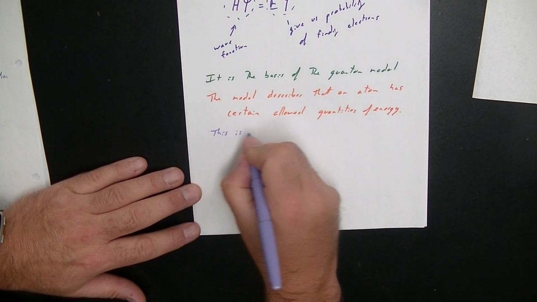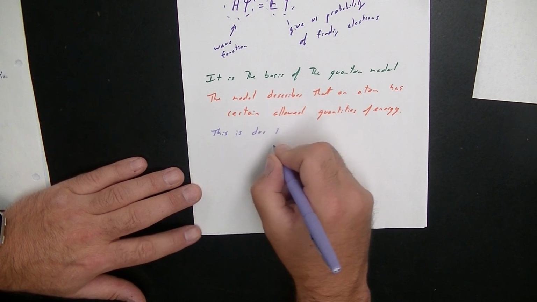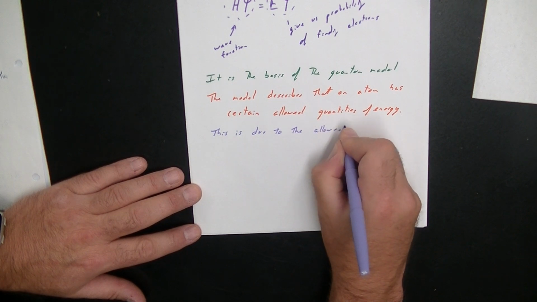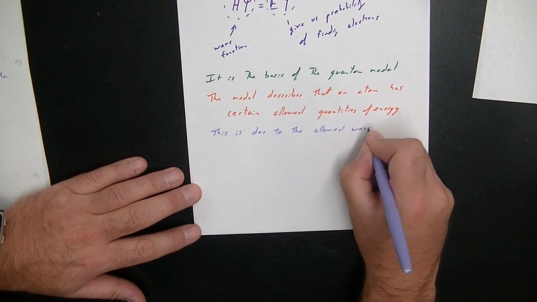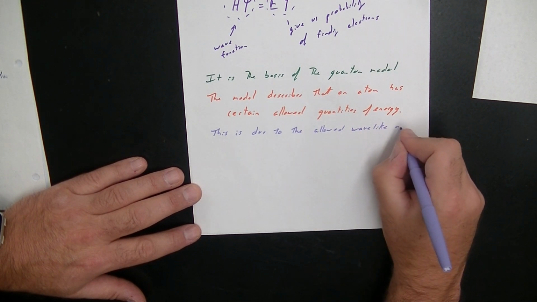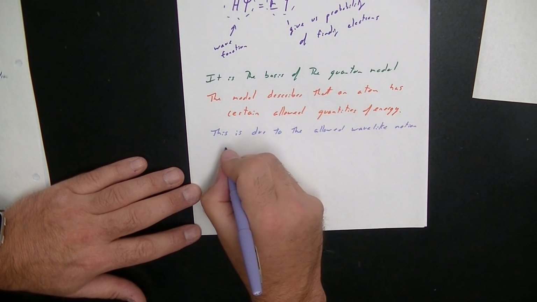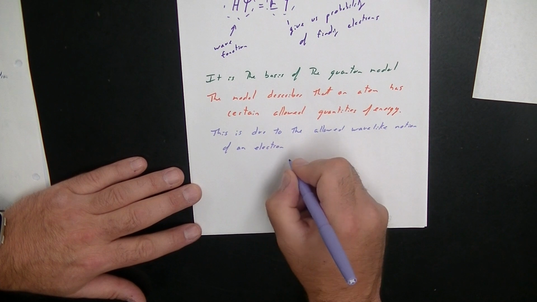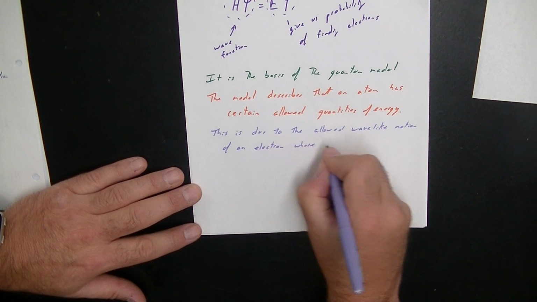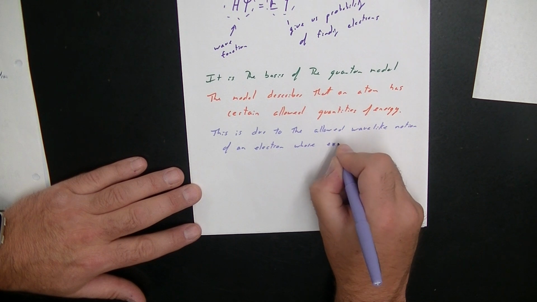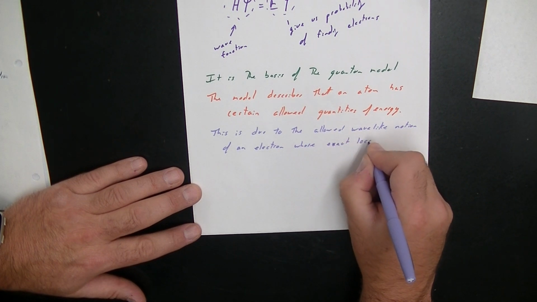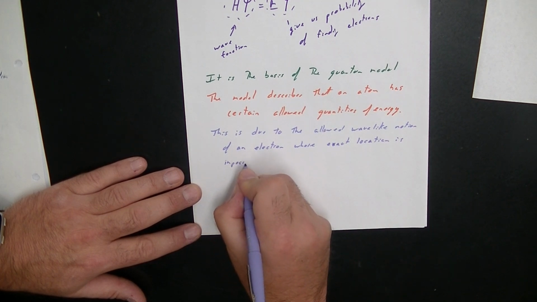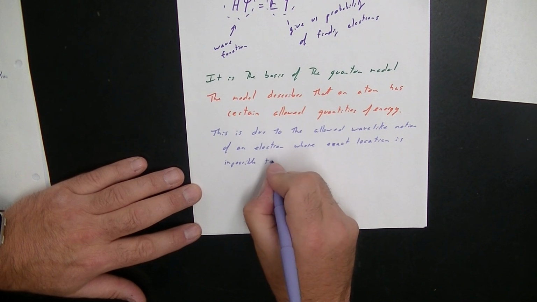This is due to the allowed wave-like motion of an electron whose exact location is impossible to know.